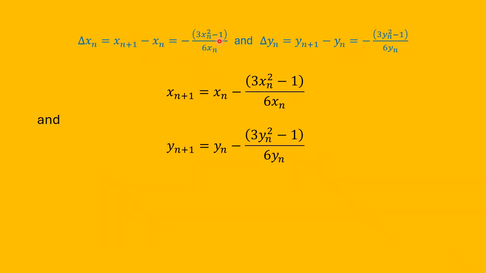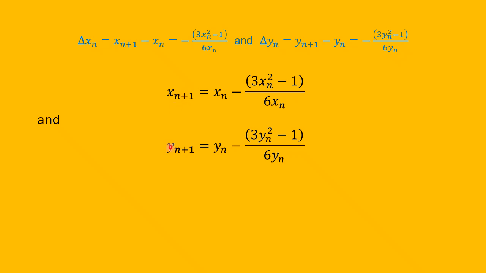So here's what we just found. Adding x sub n to both sides of this equation, we get x sub n plus 1 is x sub n minus this fraction. And adding y sub n to both sides of this equation, this stuff equals this stuff, we just get that y sub n plus 1 is y sub n minus this fraction up there.